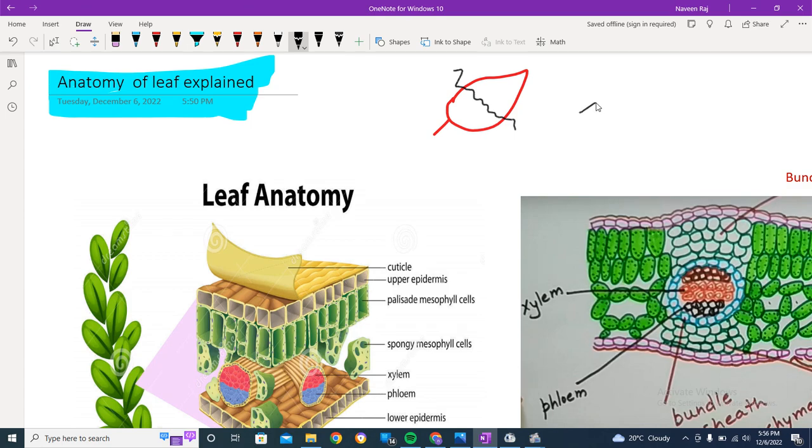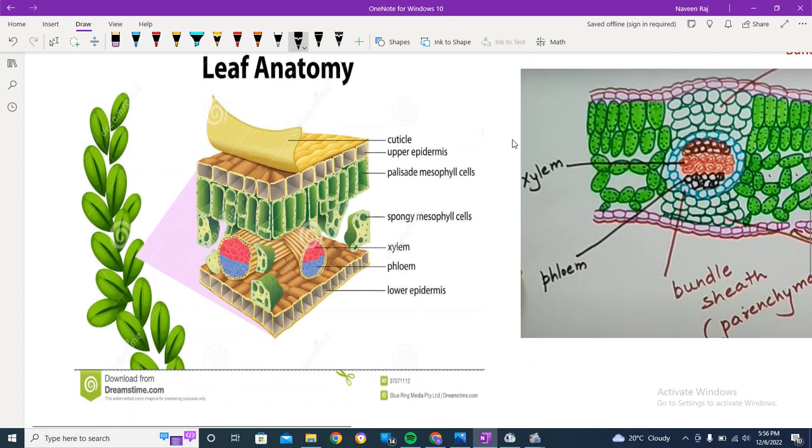Now you will see that from here you will get a piece like this, and a very thin part like this as well, right? The lower part and the upper part, the dorsal part and the ventral part. This would be the dorsal, this will be ventral, right? So just get the concept.